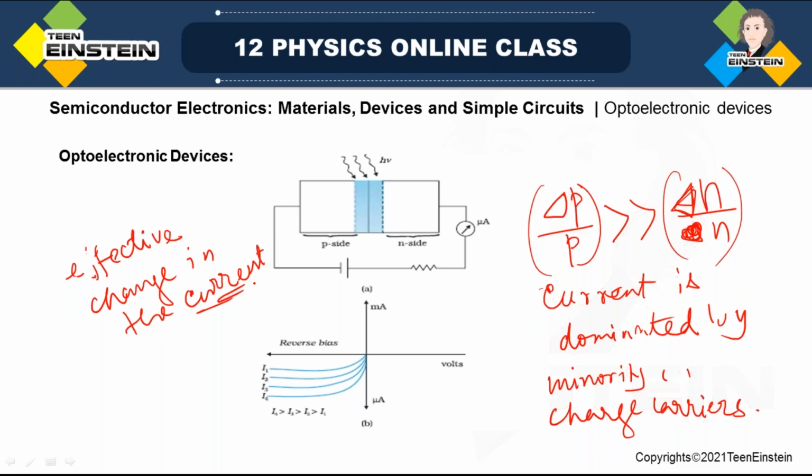So that's why photodiodes are operated in reverse bias condition.